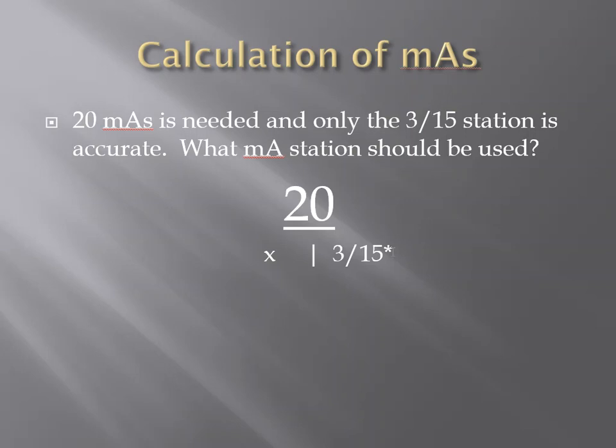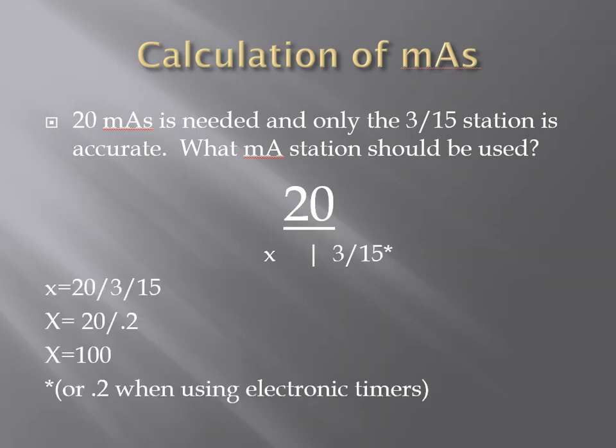So 3/15, the easiest way to work this would be to convert it to a decimal. So that would be 3 divided by 15 as your first step. 3 divided by 15 gives you 0.2. So 0.2 into 20 would give you 100. So your MA station would be 100.